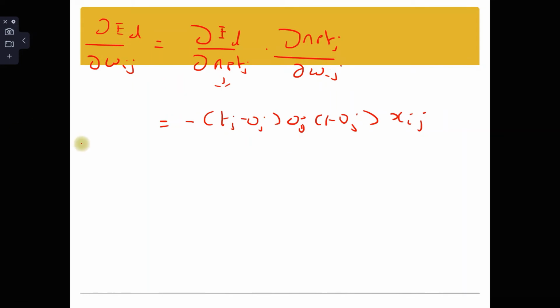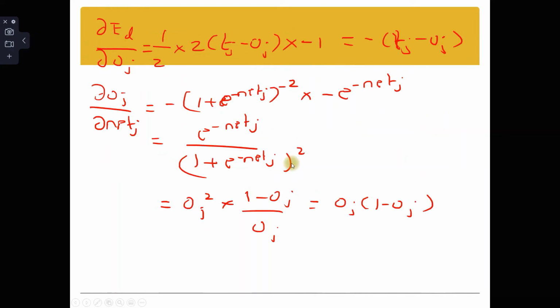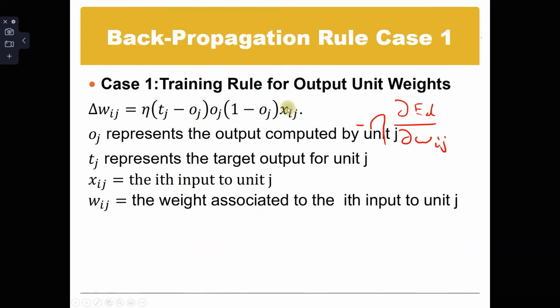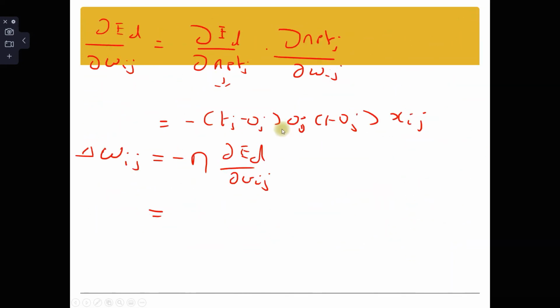But of course, for us, what matters is the change in delta wij, which is obtained by negative eta del ed by del wij, which in other words is equal to, the negative disappears, leaving you with tj minus oj into 1 minus oj. Here we go. Let me just write it down there and then I'll show you again.